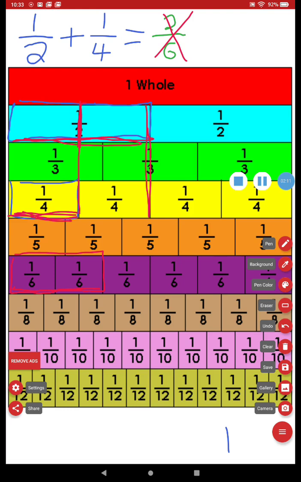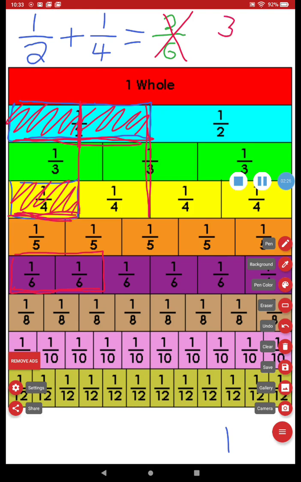All right, let's show how we can do that on our, well, let's color it in actually. 1/4, 2/4, 3/4. So 1/2 plus 1/4 gets me 3/4.